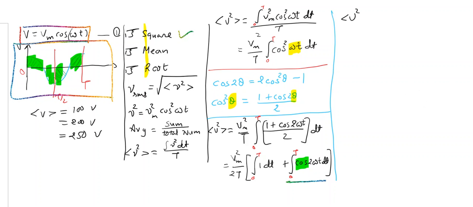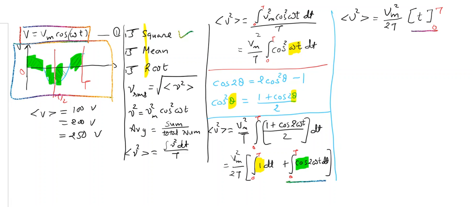Let us deal. So average of v square is now Vm square by 2T, T, limit is from 0 to T. What I have done? Integration of this one, integration dt is t and limit is mentioned there. So now what will be the bracket?